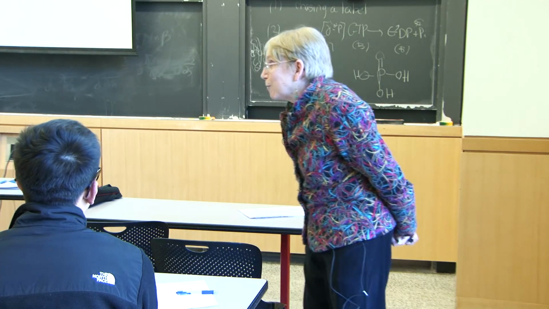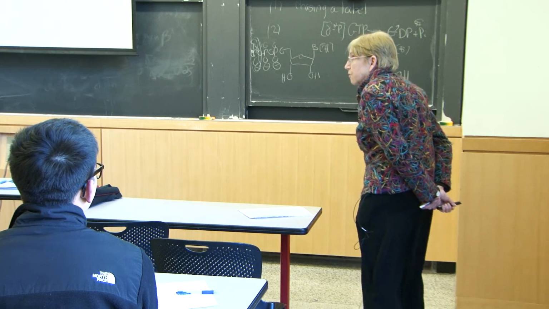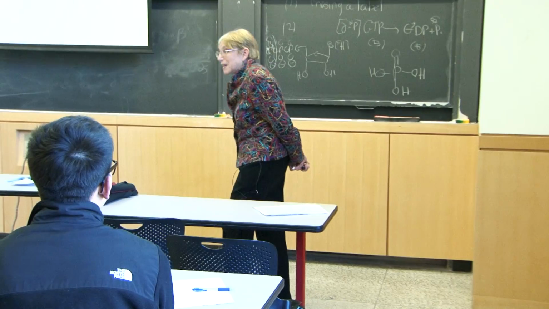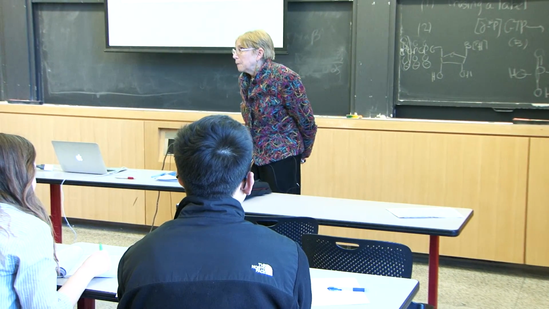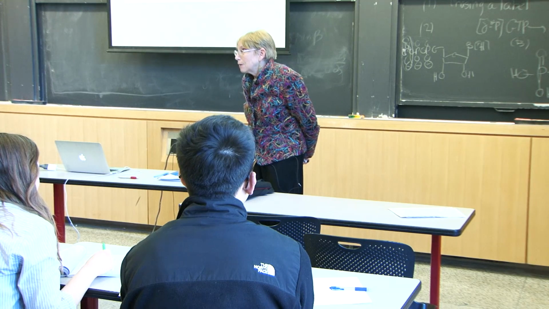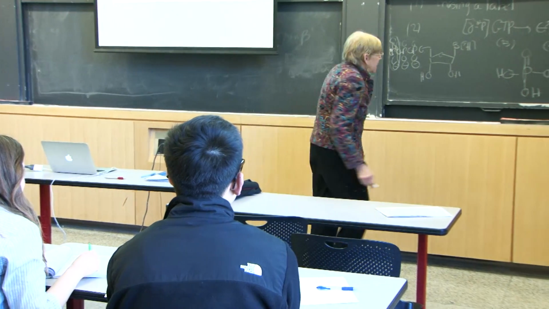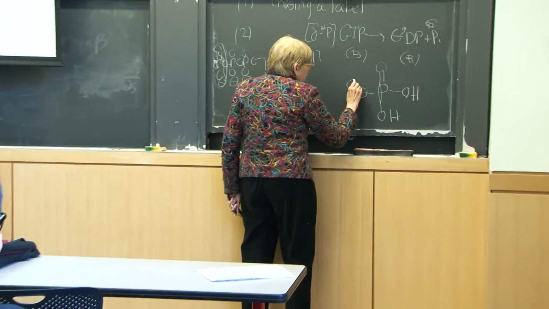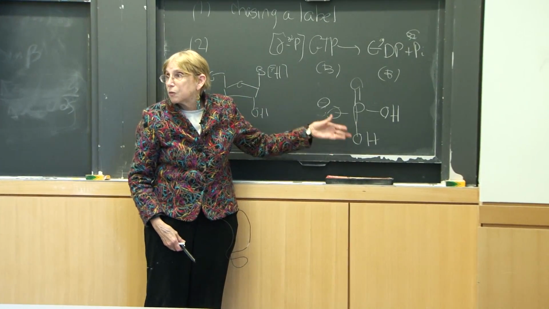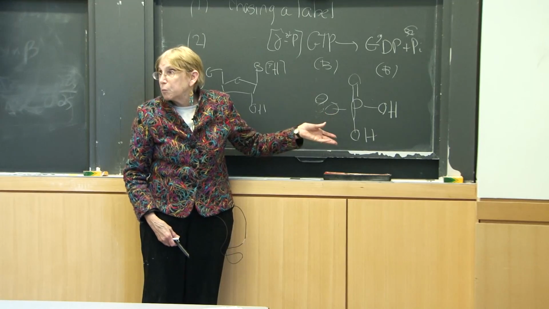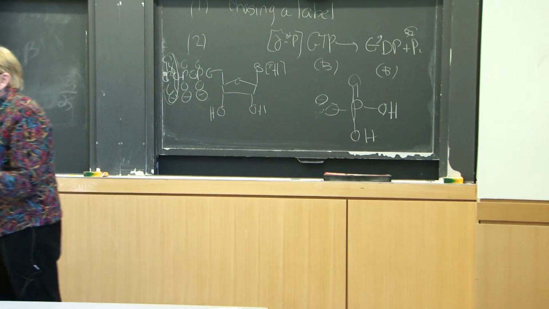Look at the buffers; they've described the buffer in their reaction. So at neutral pH, what is the charge? The pKa of the first proton loss is 1.6, and the pKa of the second proton loss is about 6.8. So you have a mixture between 1 and 2.